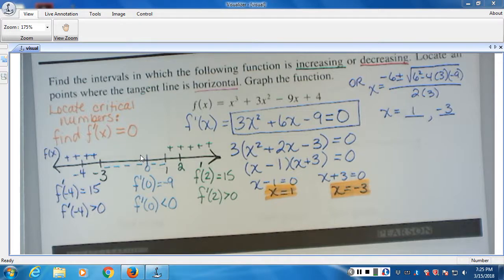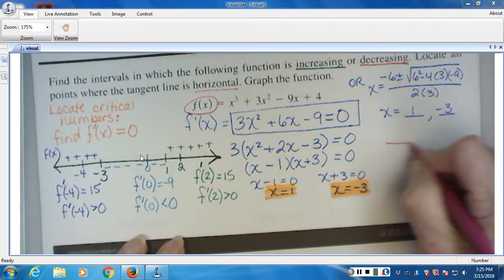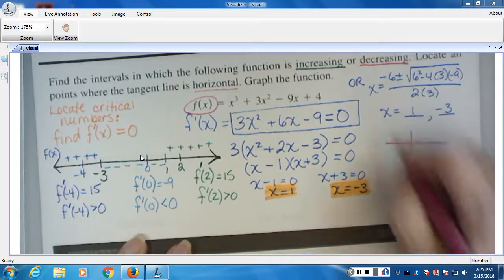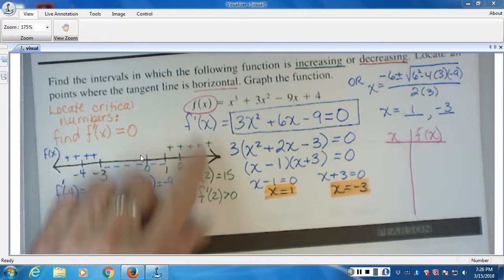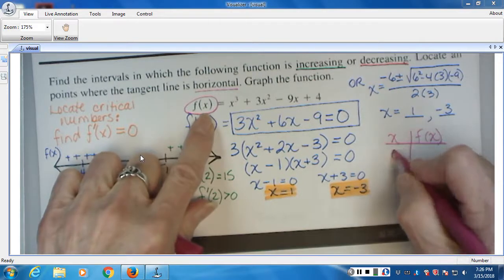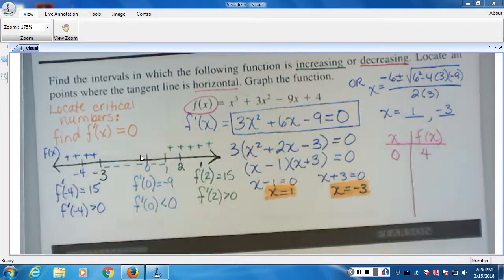Talking strictly about f of x, if x is equal to 0, then y is equal to 4. That's its y-intercept. It's not hard to find, because 0 makes all the other terms of the function disappear except the constant at the end.